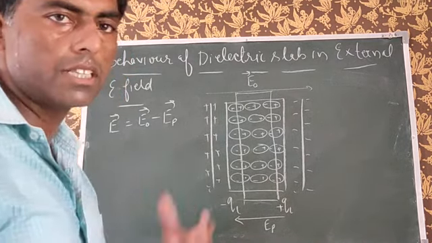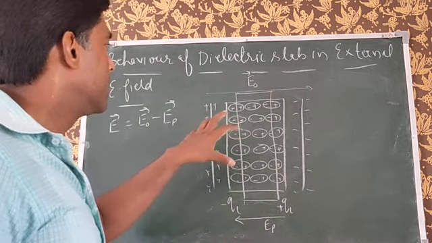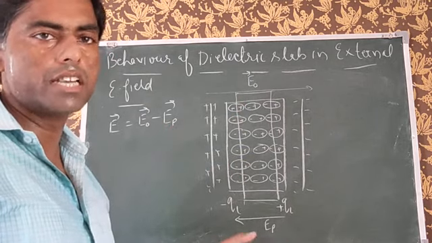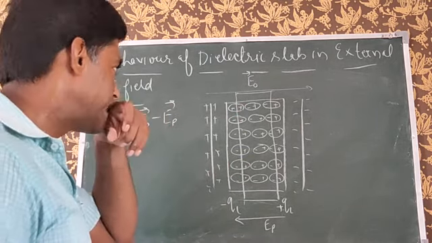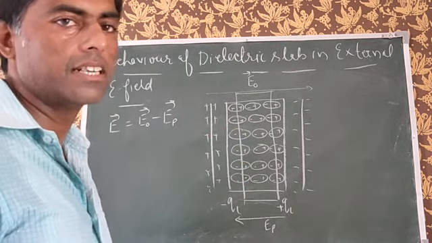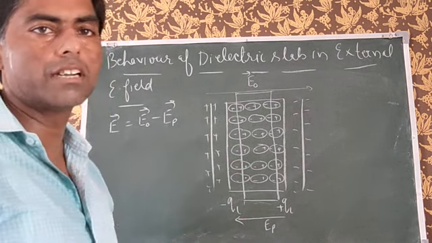As we learned in the case of conductors, the electric field inside and outside the conductor is the same. That's why the net electric field inside the conductor is 0, because the external electric field balances the internal electric field. But in the case of a dielectric, the internal and external electric fields are not equal.